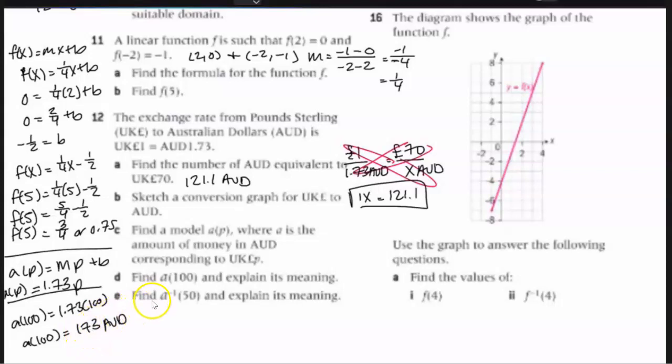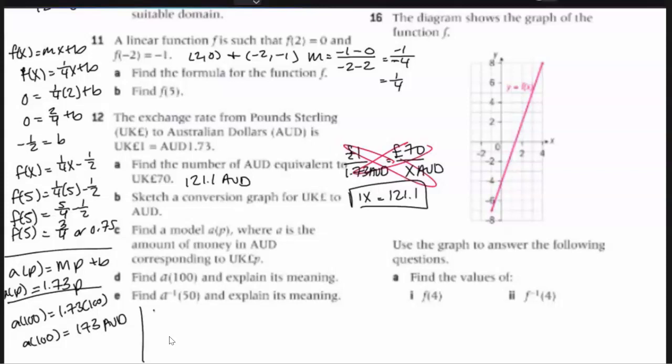And then for part E, find A inverse of 50 and explain its meaning. So this is an inverse function. For inverse functions, we briefly talked about it, but it's good to review it. Inverse functions mean when you reverse your x and y values, so when your inputs become outputs and your outputs become inputs.